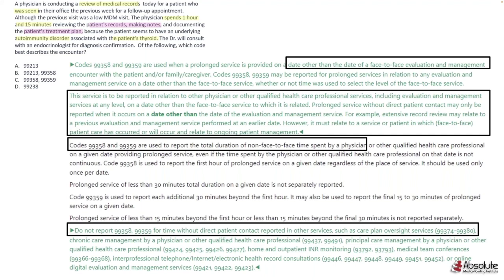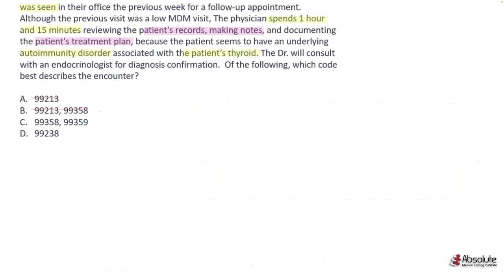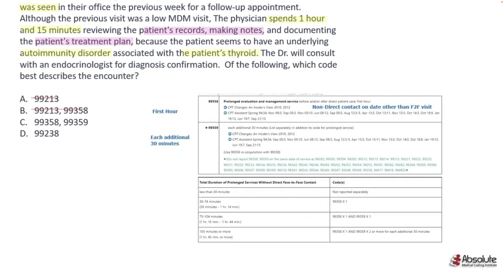And these codes, 99358 and 9, are used to report the total duration of non-face-to-face time spent by a physician. And down below, there are your do nots. Don't code these two codes with below. So that's enough for me. I think we can do it. All right. So we've eliminated A and B because it violates the rule of coding on the same day as an office visit.